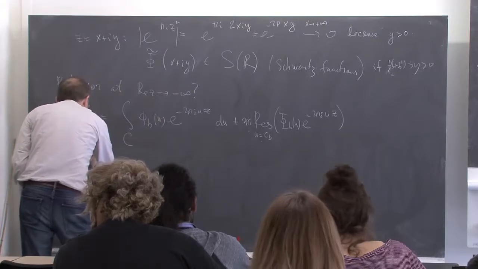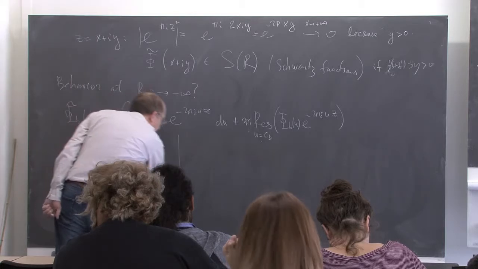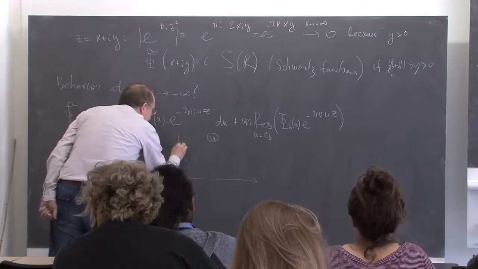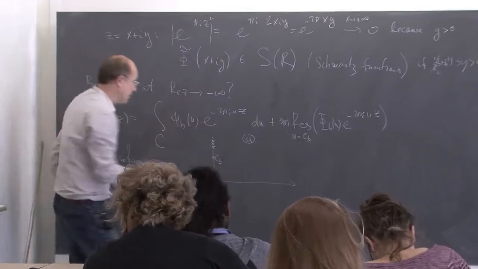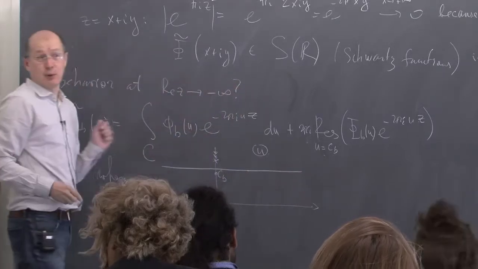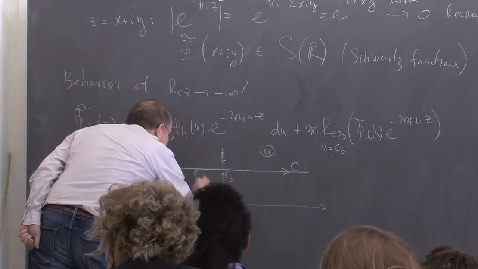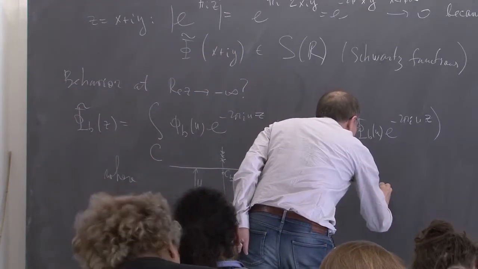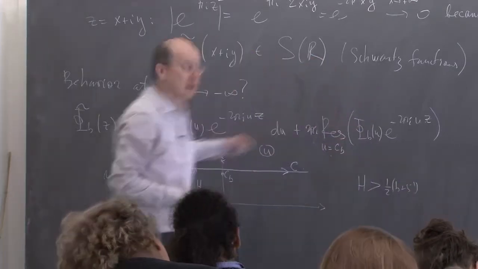Okay, where we have defined the contour in the u plane. So we have c b here. Somewhere here start the rest of the poles of phi b, and we put the contour C just above the first pole, at the height h. So the height h is bigger than 1/2 b plus b inverse, but not much.